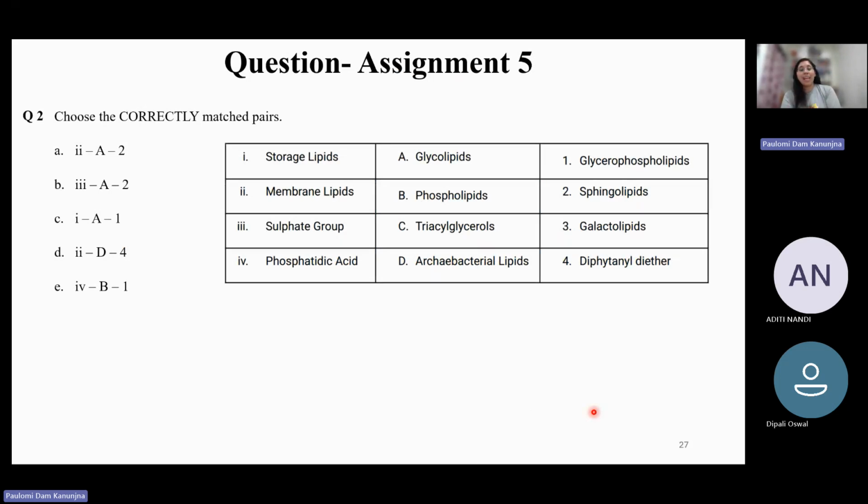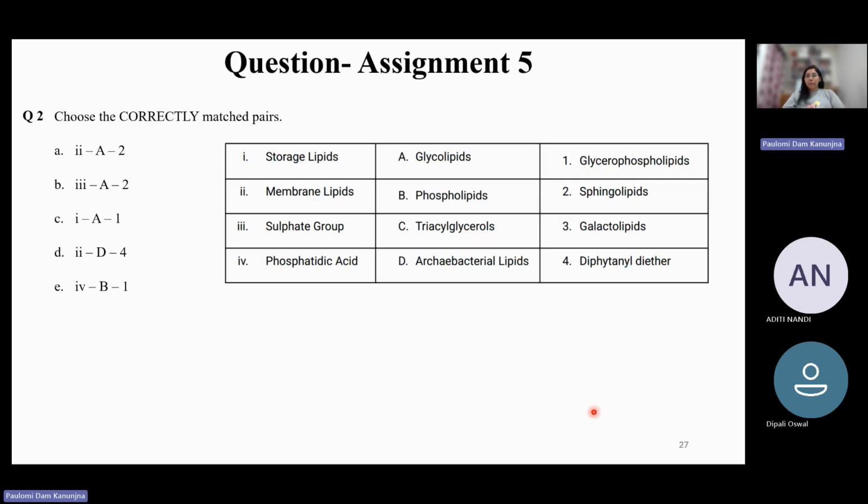Okay, quickly. You will have these match the following questions often, which is a good revision for us to know the names and where they are found and what type of lipids you can find. So there are matches already made. You need to point out the correct options here. You have type of lipid: storage lipid, membrane lipids, having either phosphatidic acid as their functional group or sulfate group.